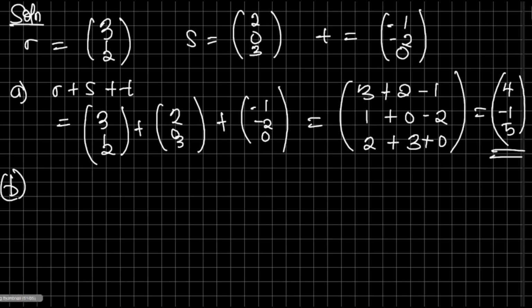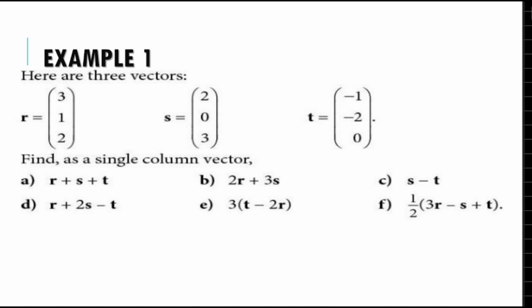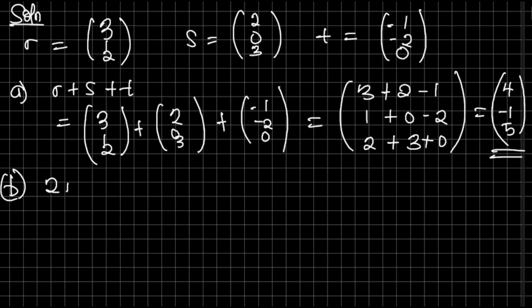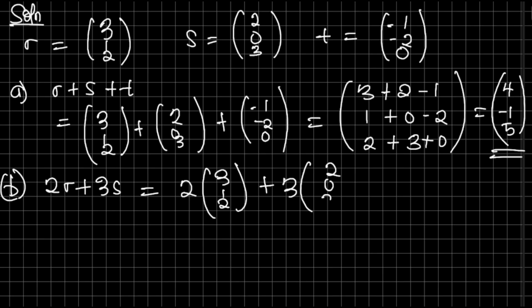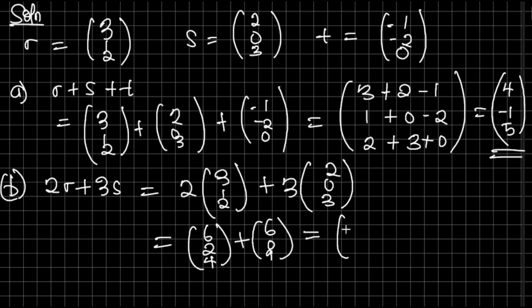B: 2R plus 3S. That is going to be 2 bracket (3, 1, 2) plus 3 bracket (2, 0, 3), which is (6, 2, 4) plus (6, 0, 9), and that is (12, 2, 13).